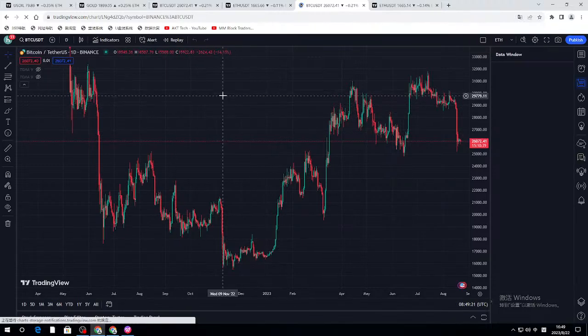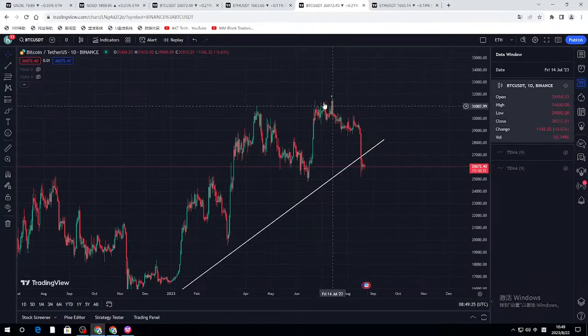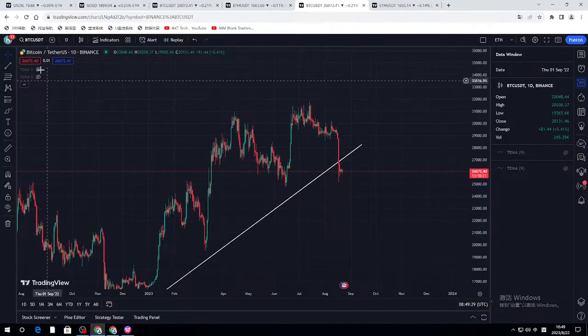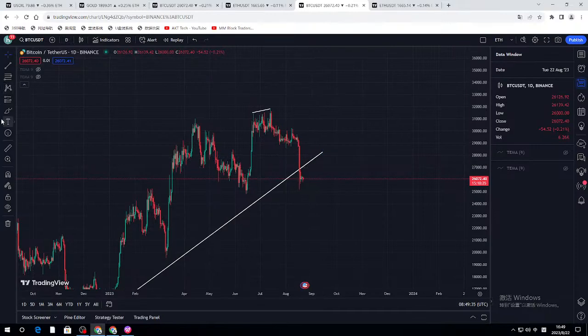So as you can see right here in the daily Bitcoin USD chart, we just saw an overpricing going down. In the past, you can see right here it was going up in the divergence, but for now it's going to stop in the bearish divergence. It is paused right here.